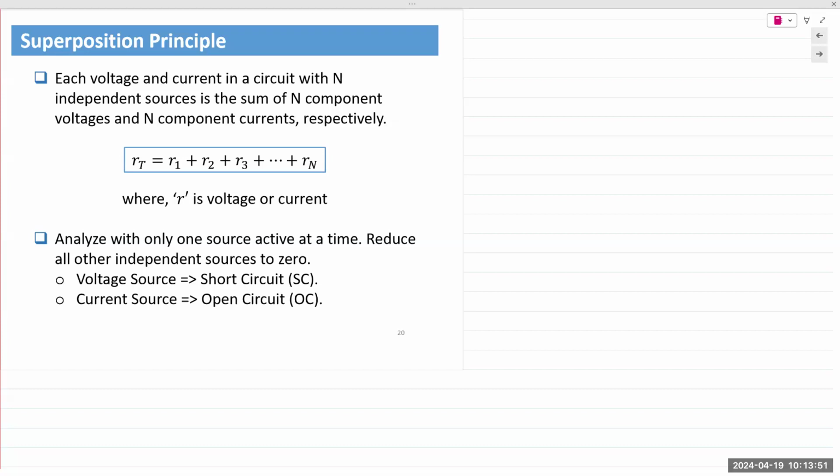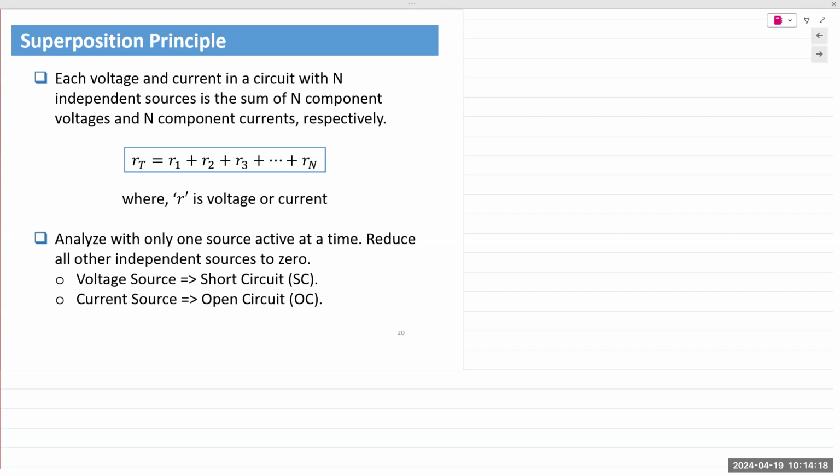Okay, so you break up the circuit into n number of parts, where n is the number of sources present in the circuit, and you perform an analysis with only one source active at a time. The rest of the sources are inactive, or we like to say reduced to 0.